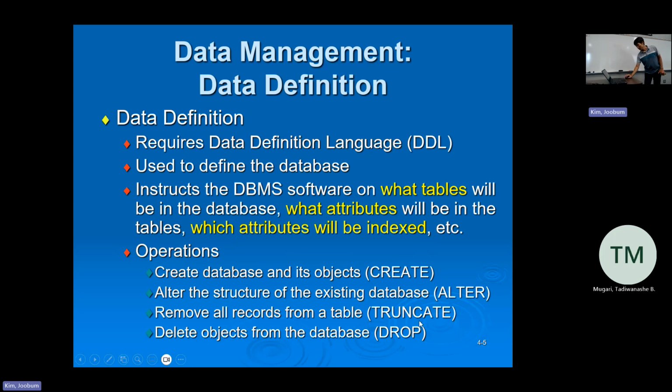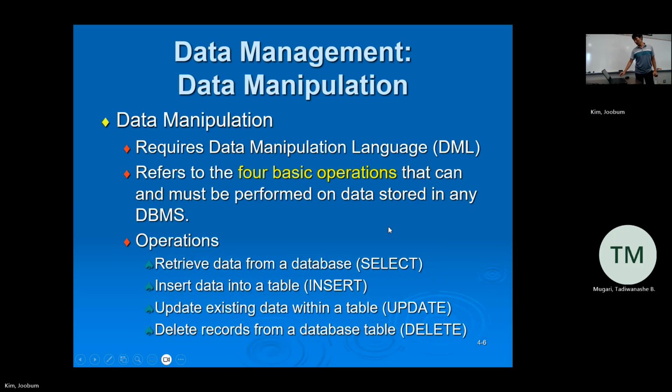Create, alter, truncate, and drop. And then DML supports the basic operations, the four CRUD: create, read, update, and delete. But the commands are a little bit different: select, insert, update, and delete.